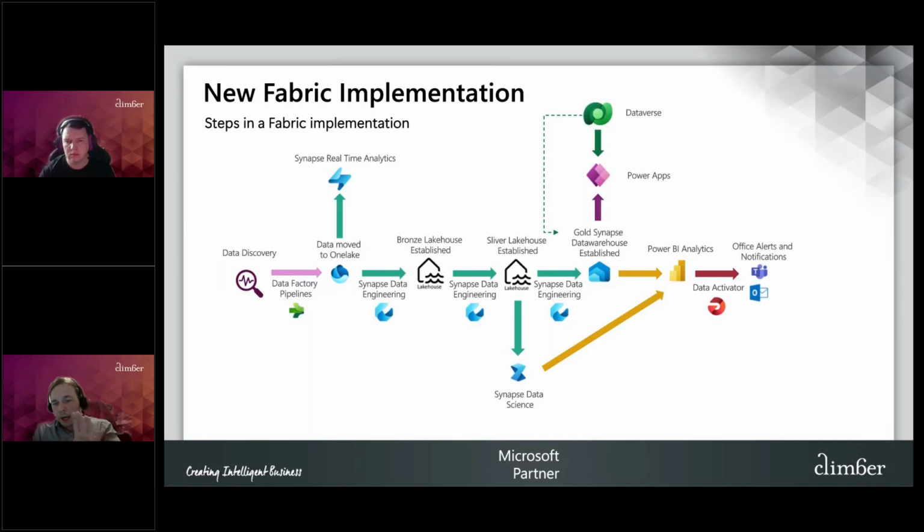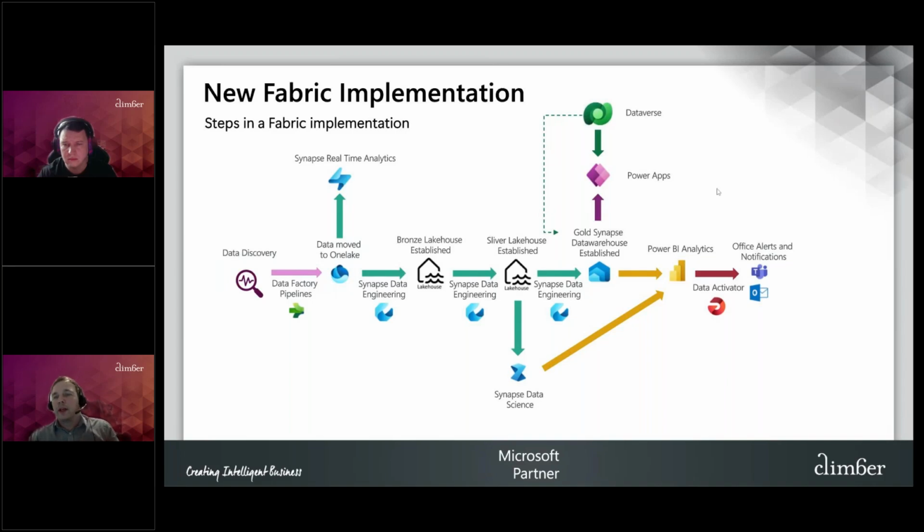So there we've got Synapse Data Science working across the silver layer with all the history in there. Both of those layers, the gold layer and Synapse Data Science, are making the data available for Power BI analytics. Data Activator can monitor that data within the different pipelines and then send alerts out via Office and notifications to say that things have refreshed or that things are beyond tolerance.